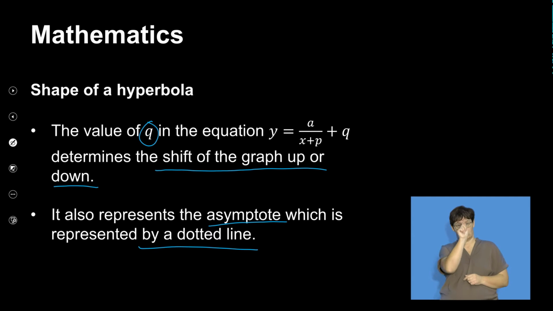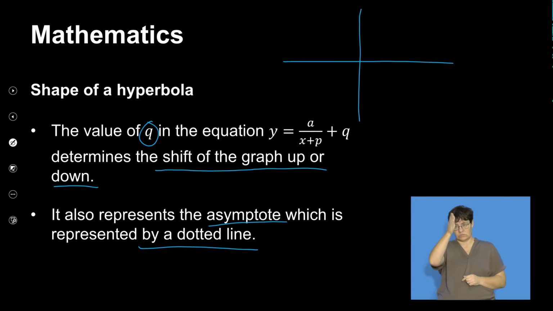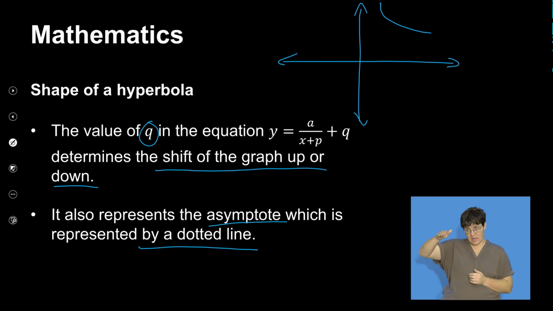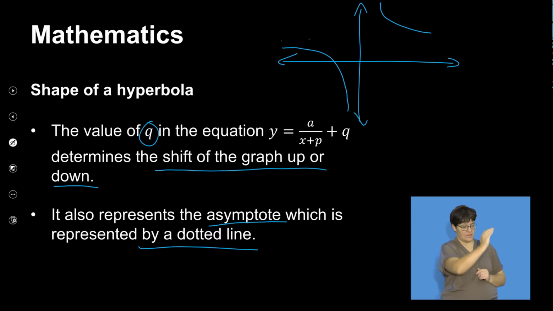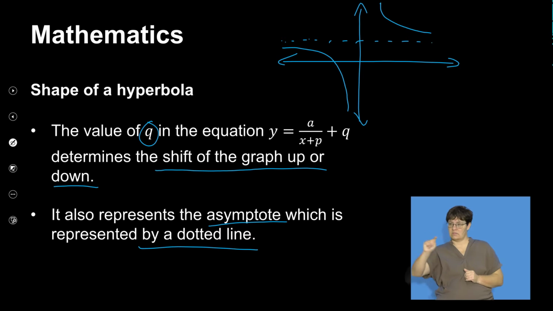Now, what this means is if I have a Cartesian plane, and I say my graph lies there and the other arm lies maybe here, then my asymptote will be lying at that point there, and that's how I'm going to represent an asymptote, right? Because if I draw a solid line, then there won't be a difference between the Cartesian plane and the asymptote. So we use a dotted line to represent that this is the asymptote.